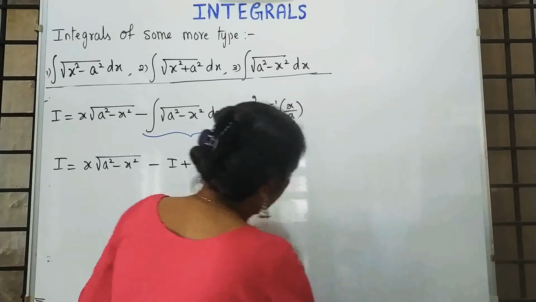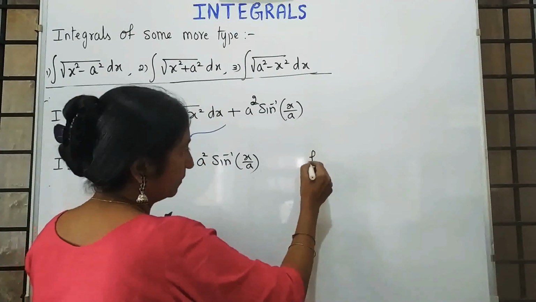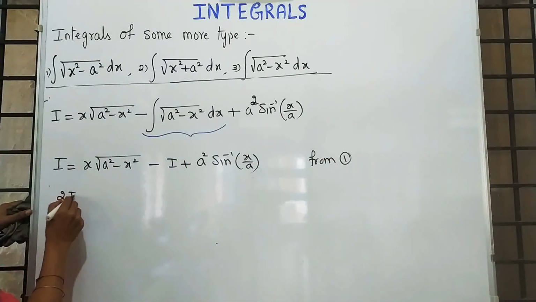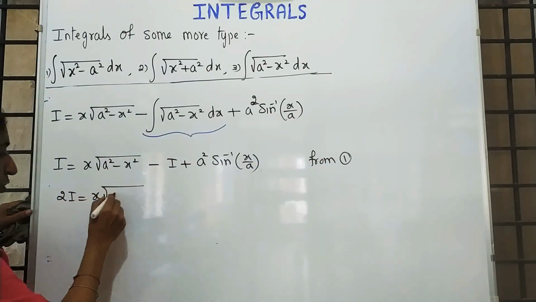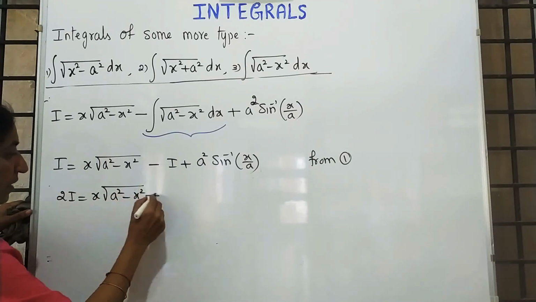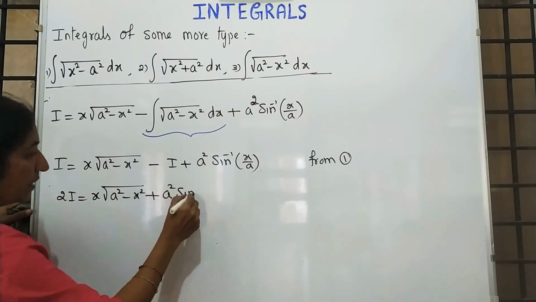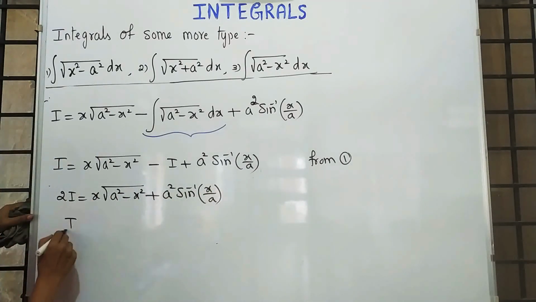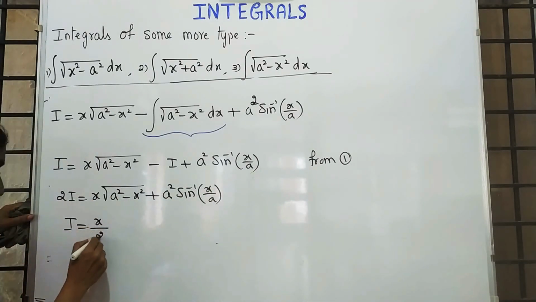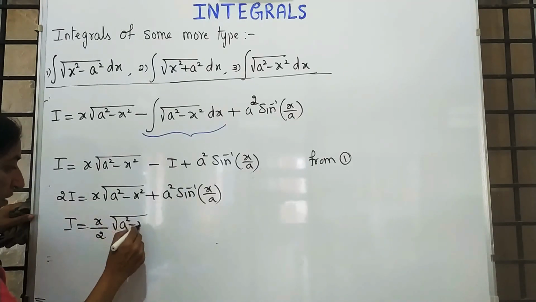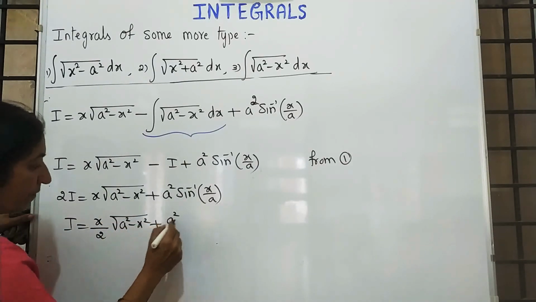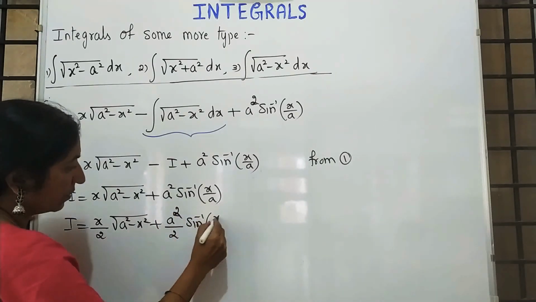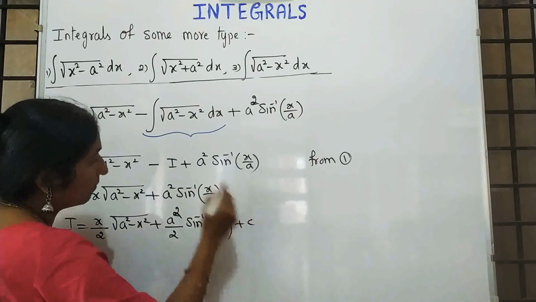This I we are writing from equation 1. So 2I is equal to x into root of a square minus x square plus a square into sine inverse x by a. Take 2 on that side. I is equal to x by 2 root of a square minus x square plus a square by 2 sine inverse x by a plus c.